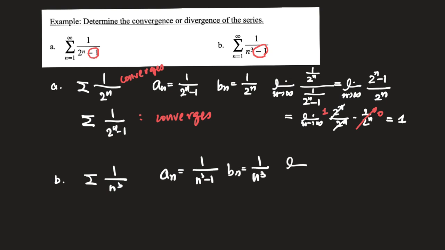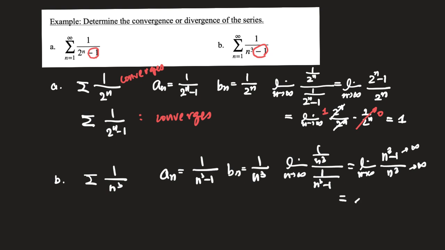So we want to find the limit of the ratio of the two sequences, 1 over n cubed over 1 over n cubed minus 1. So you're going to simplify this form, n cubed minus 1 over n cubed. This one is infinity over infinity. So we're going to use L'Hopital's rule.